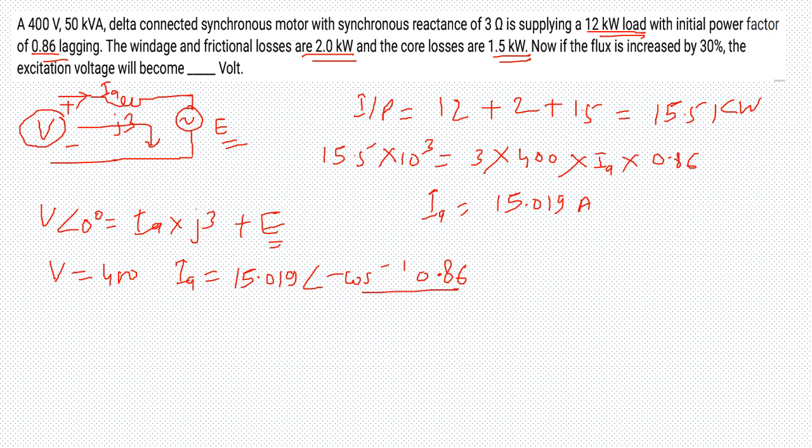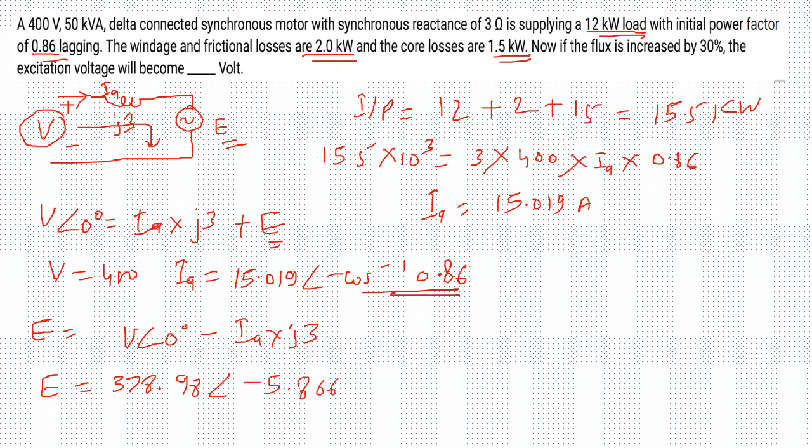So E is V at angle 0 degrees minus IA into j3. Substituting all these values and calculating, we get E as 378.98 at an angle of minus 5.866. So this is your E.